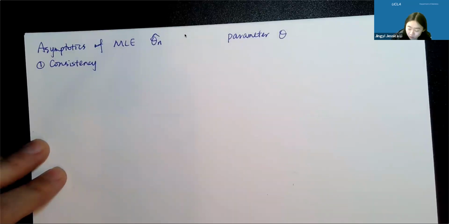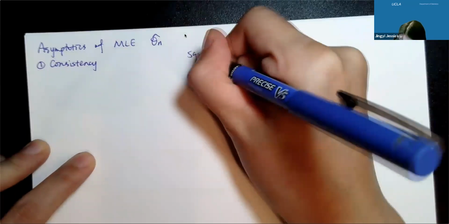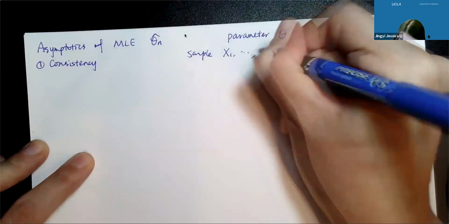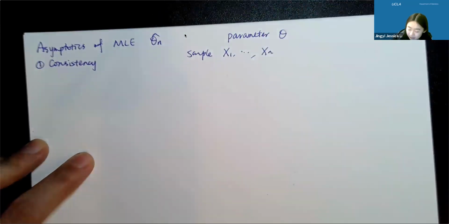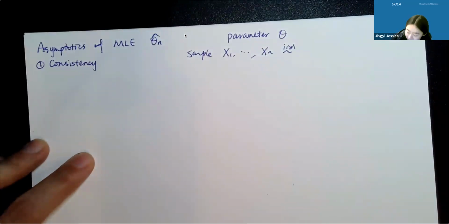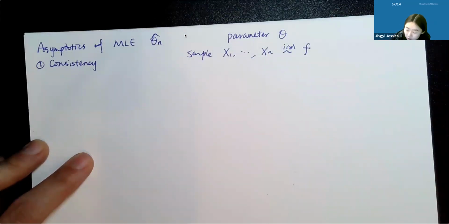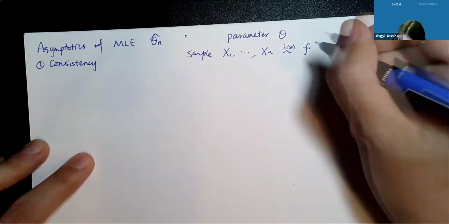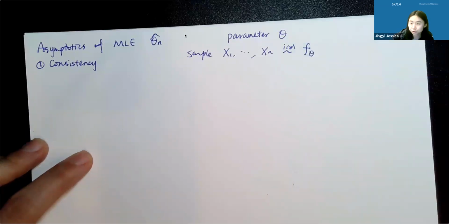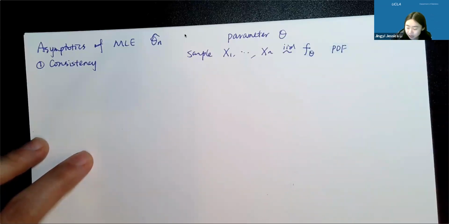What we usually do is assume our sample x1 to xn, with sample size n, can be considered as IID from some distribution whose density function can be specified by f theta. Theta is the true parameter that specifies the distribution, and this f is the PDF, the probability density function.